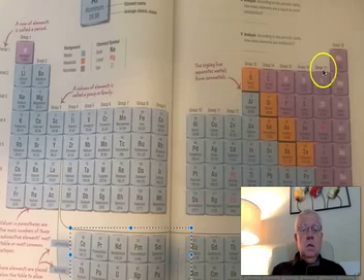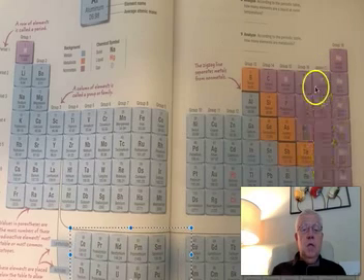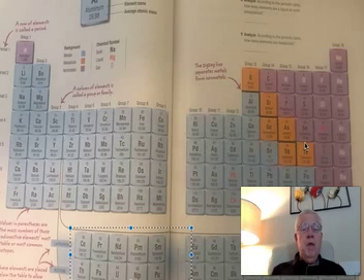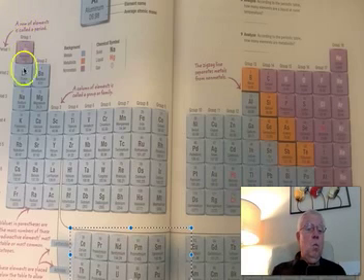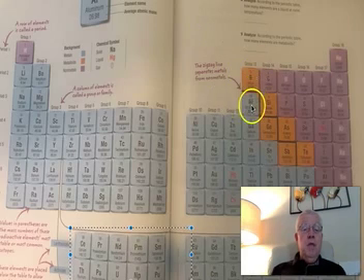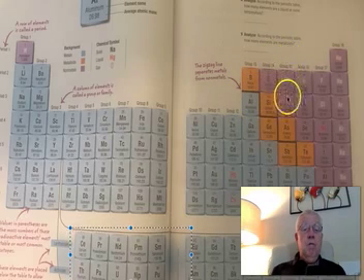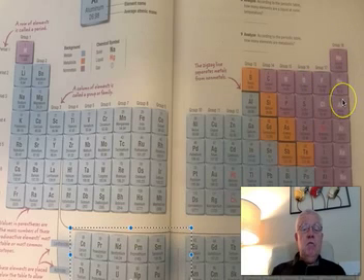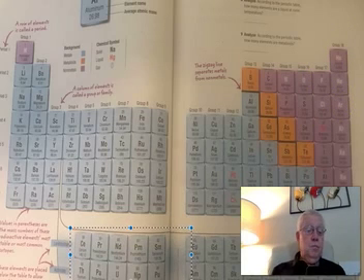Over here, 7 valence electrons. 6 valence electrons. They're in the same group or family. 8 valence electrons, or some scientists would say 0. Over here, 1 valence electron, 2 valence electrons, 3 valence electrons, 4, 5, 6, 7, and 8 valence electrons.